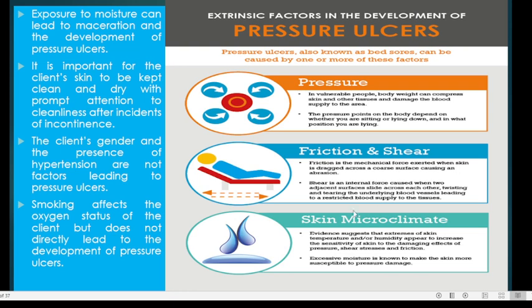In this case, they were testing about microclimate, because evidence suggests that extremes of temperature and or humidity appear to increase the sensitivity of the skin to the damaging effects of pressure, shear stress and friction. So excessive moisture is also known to make the skin more susceptible to pressure changes.